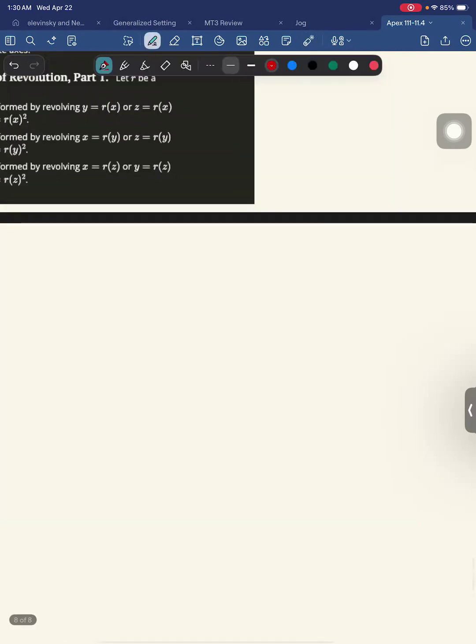An example. Say revolve y equals sine z for z belonging to the segment 0 to pi.